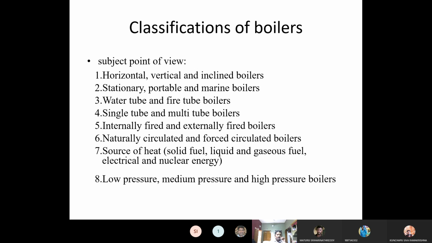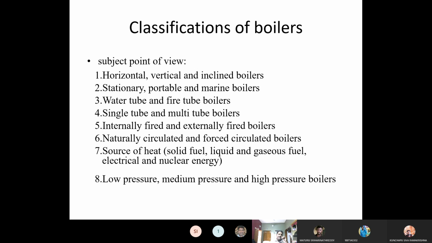And according to the number of tubes present in the boiler, we can classify them as single tube boiler and multi-tube boiler. According to the firing nature in the combustion chamber, we can classify them as internally fired boilers and externally fired boilers.